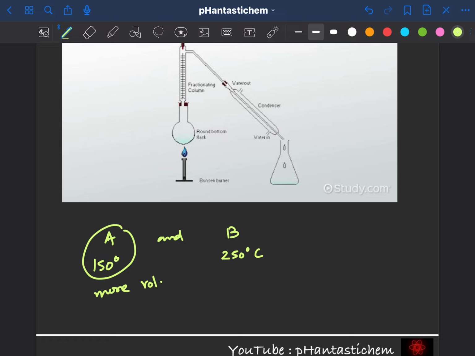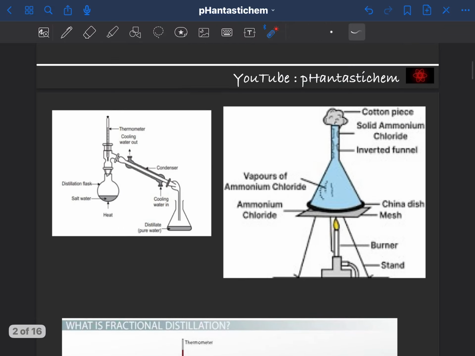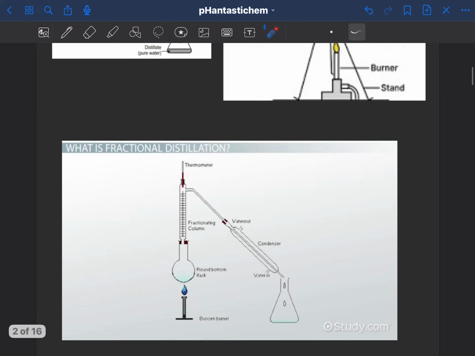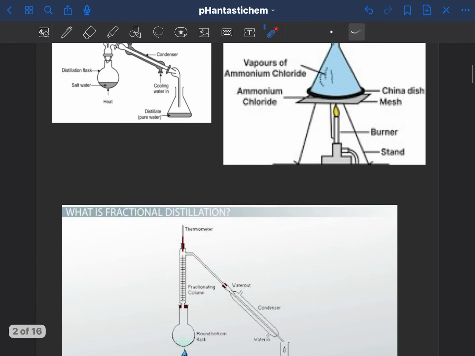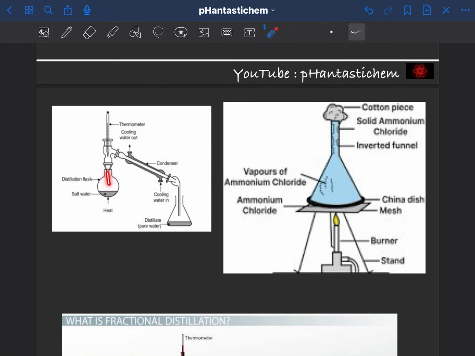When we heat the mixture of A and B, A will quickly become vapors, which pass through the condenser containing cold water. The cold water condenses these vapors into liquid, and we collect A in this test tube, while we are left with B. Hence we did the separation.